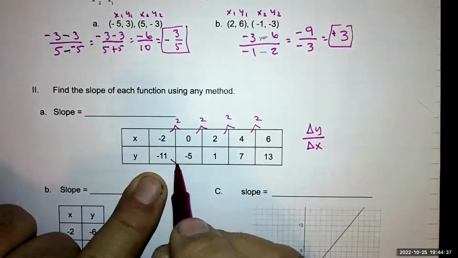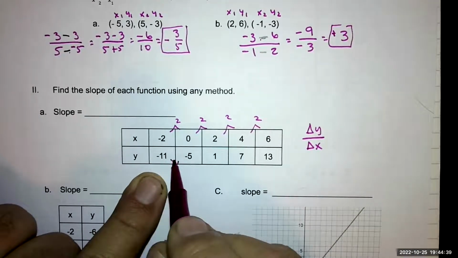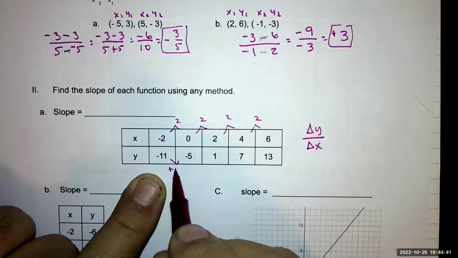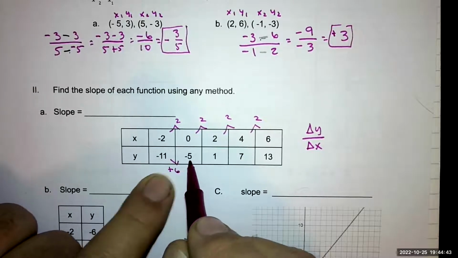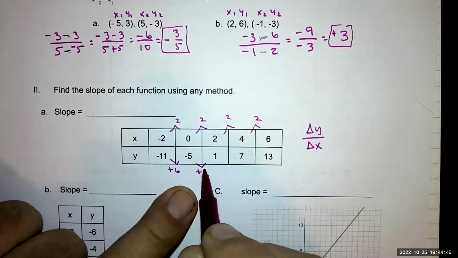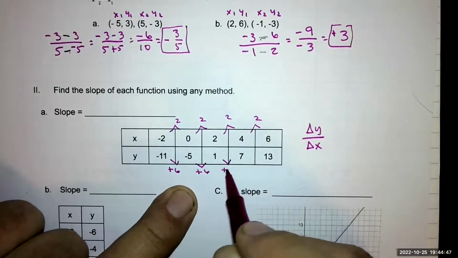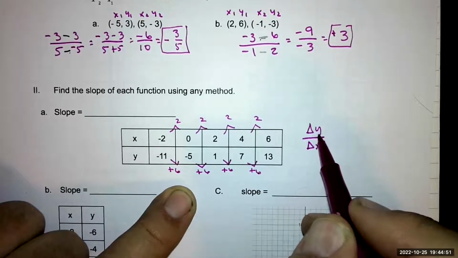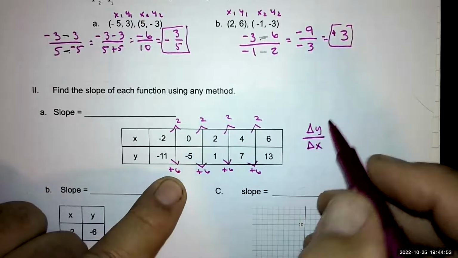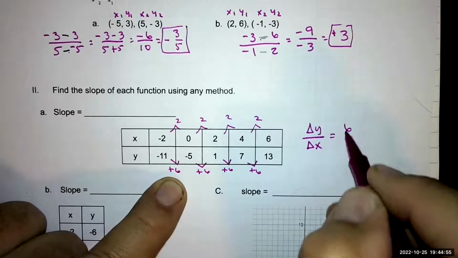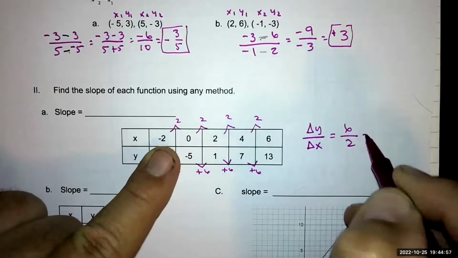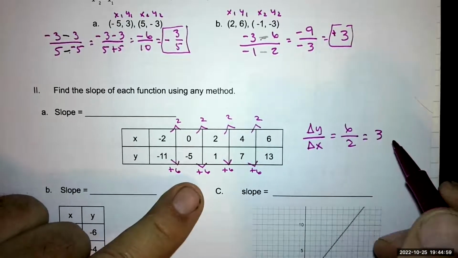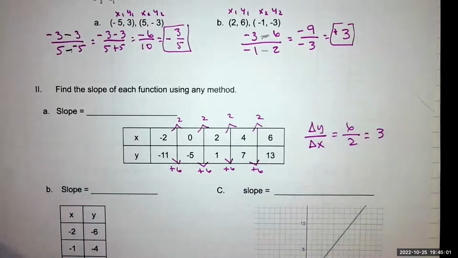Then I look at y, and it looks like I'm adding 6 each time. Remember, it's the change in y, so y goes on first. So it's 6 over 2, and 6 over 2 is 3. My slope here would be 3.